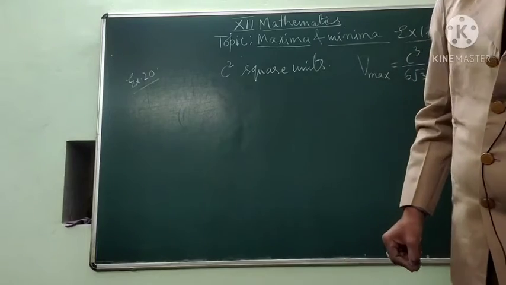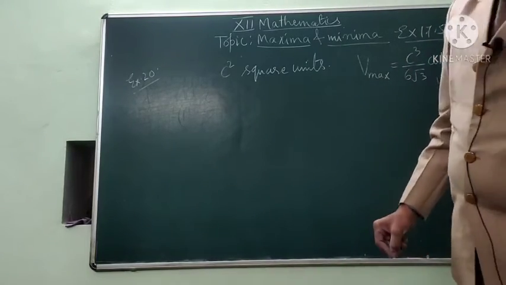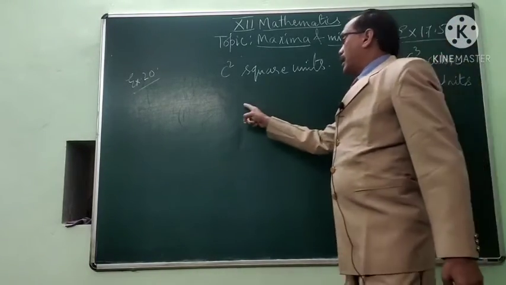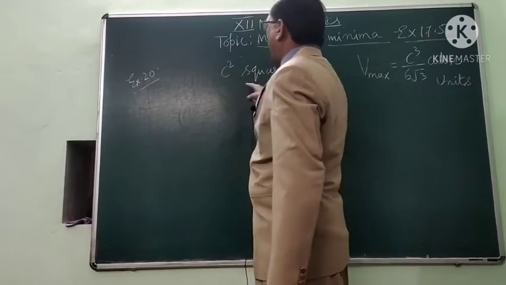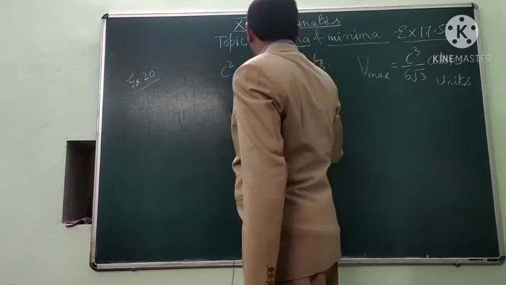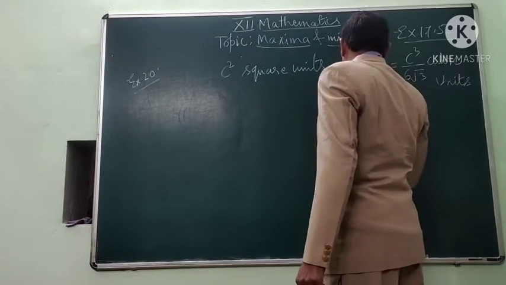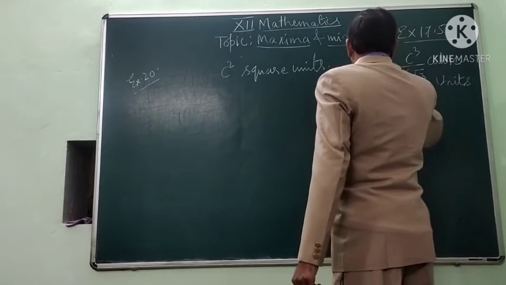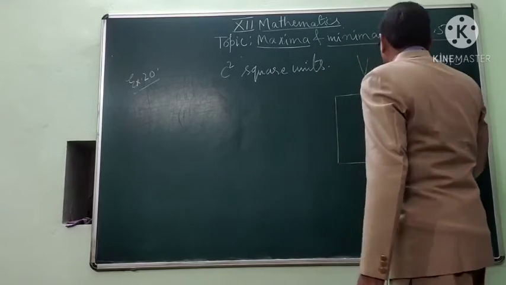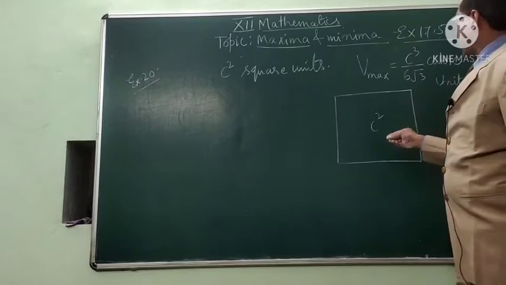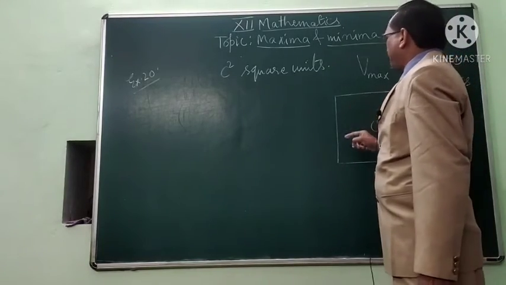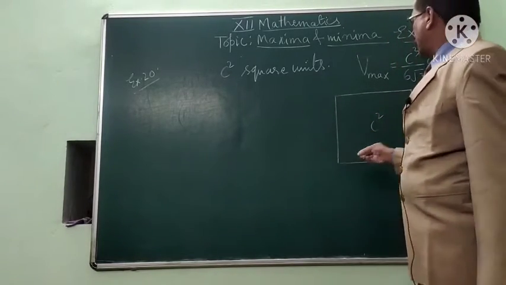So an open box is to be made from a given quantity of the cardboard. There is a cardboard of area c square. An open box is to be made with a square base.